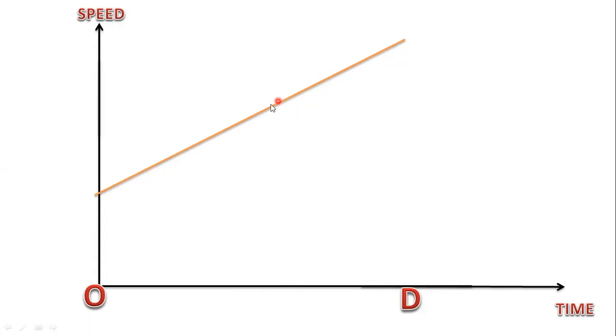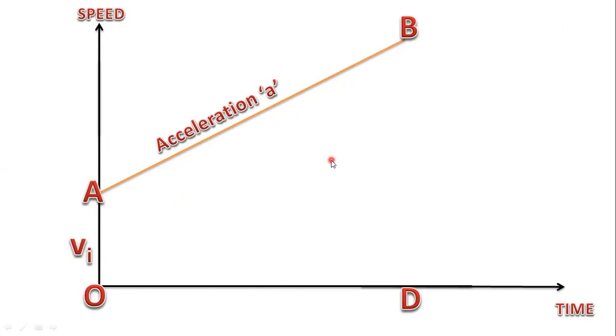Please draw all these lines with me. This line starts from point A and goes upward. AB is the line representing the acceleration, starting from A on the y-axis and reaching point B.